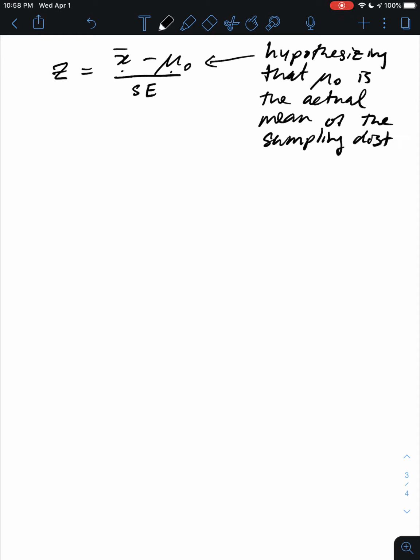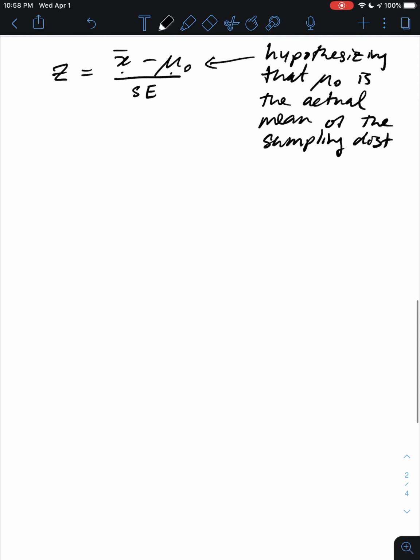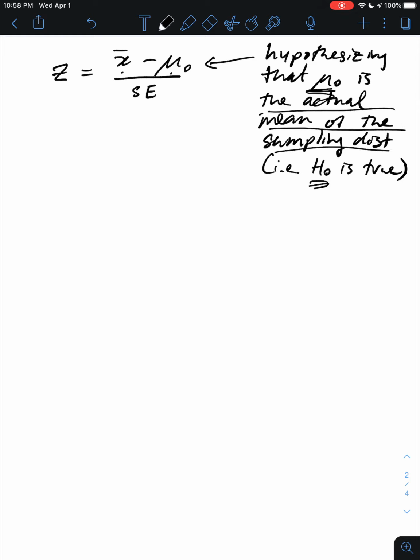So that's the hypothesis H sub 0. All right, so this is where we're using the assumption that the null hypothesis is true. That allows us to pin down an exact value for the mean of the sampling distribution. And that's what we use in the formula.